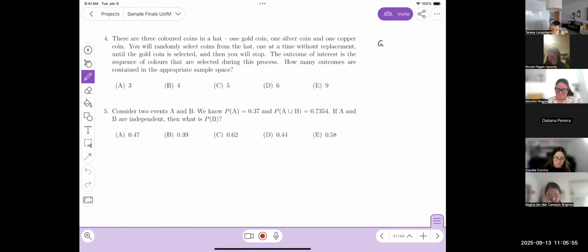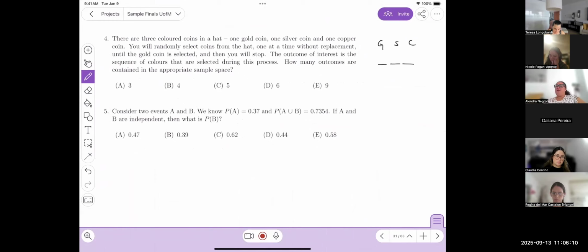You can call them gold, silver, and copper. And then just list all the possible outcomes of the three, right? So there's three. Is it three or is it two?